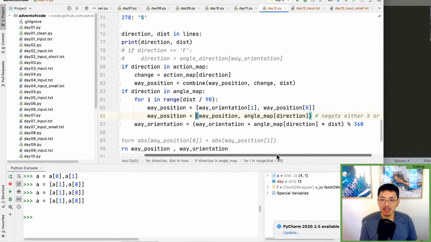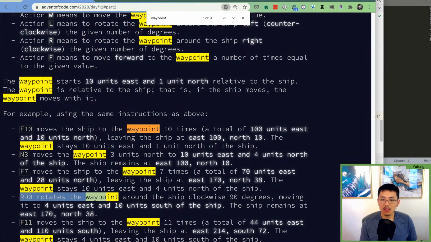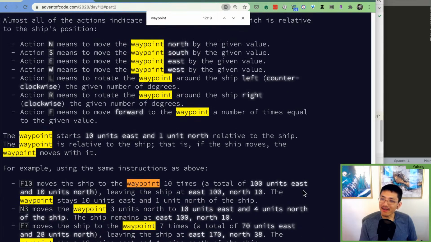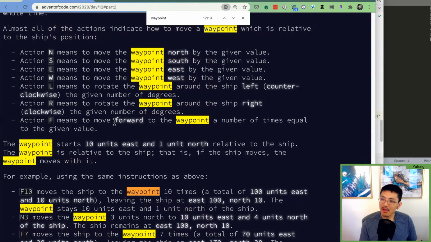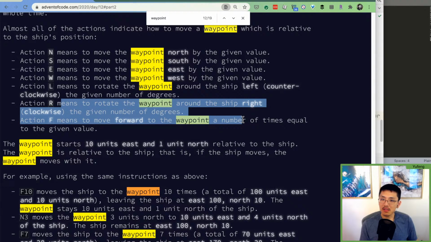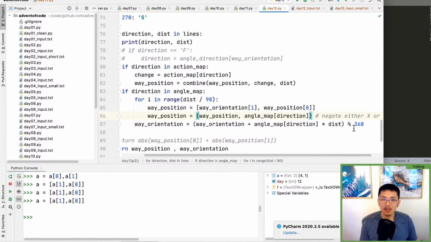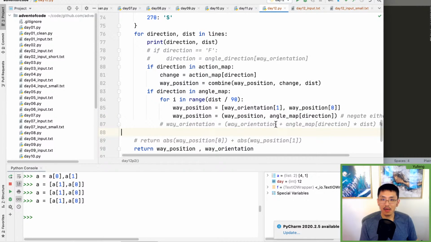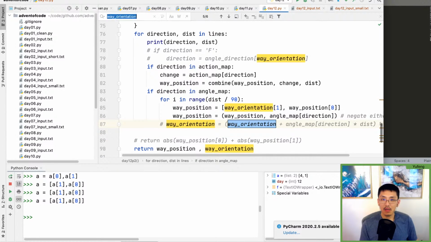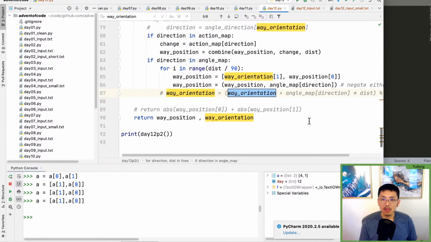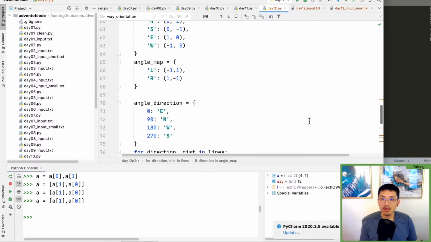Way orientation kind of doesn't matter. It's just going to happen. So that doesn't matter anymore. Yeah, they're all kind of commented out here.